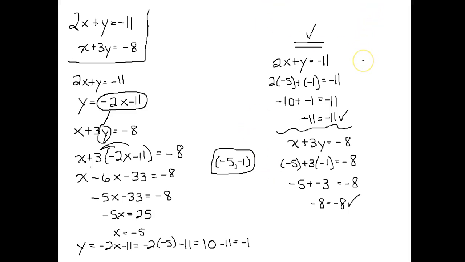All right. Let's do another example here. Let's do negative 3x plus 2y equals negative 10, and we've got 9x minus 6y equals 30.